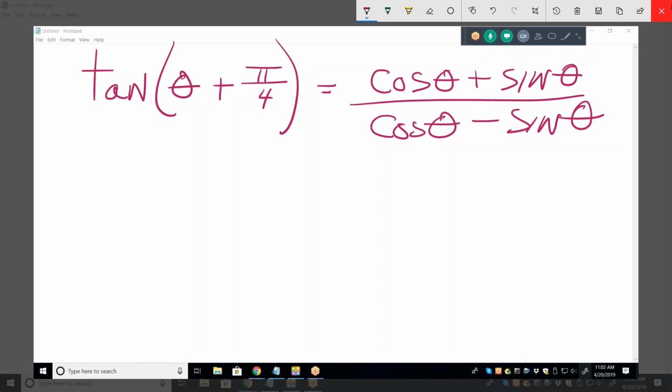It's like solving a Rubik's Cube. Once you get good at it, you love doing it. Well, it's the same way with verifying trig functions. What is the identity for tan of A plus or minus B?